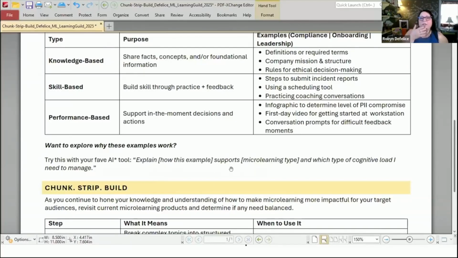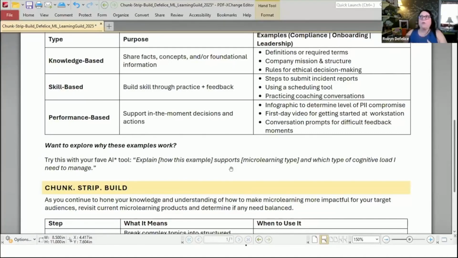explain how I need to do X for my company and how I want to do it with this microlearning piece. You can even take this PDF and upload it into your chat, and it can be a reference tool and say, given the information here, given my example, how does this microlearning type and which type of cognitive load should I be cognizant of?